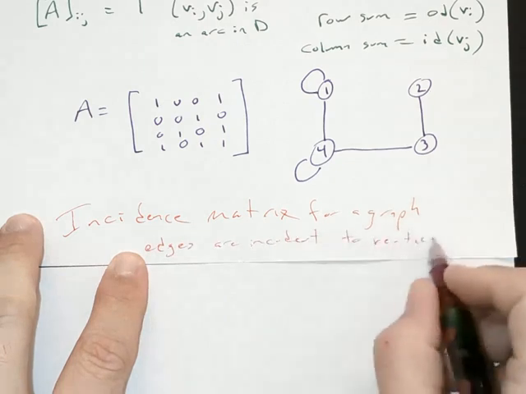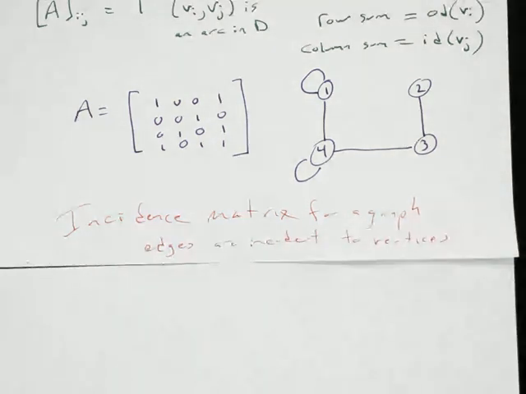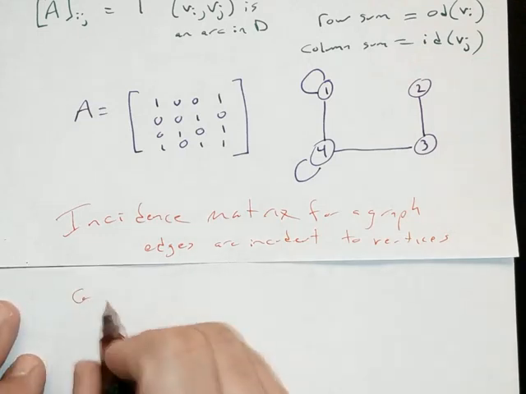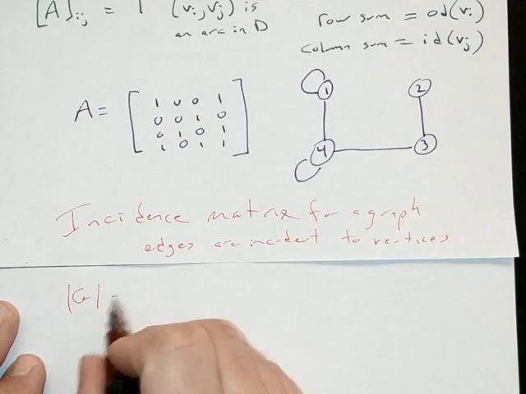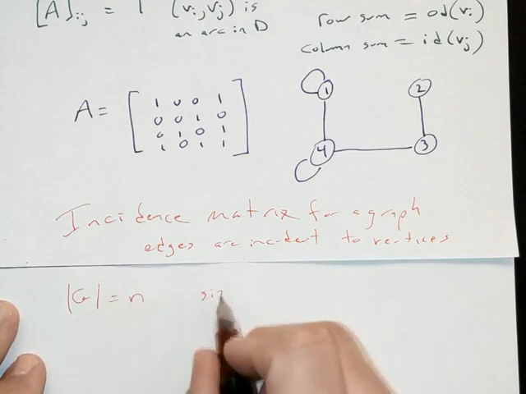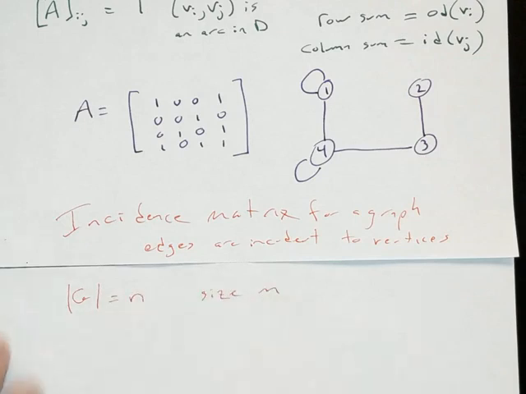I want to write down an n by m matrix. Each column is going to represent an edge, and each row is going to represent a vertex. Rows by columns.